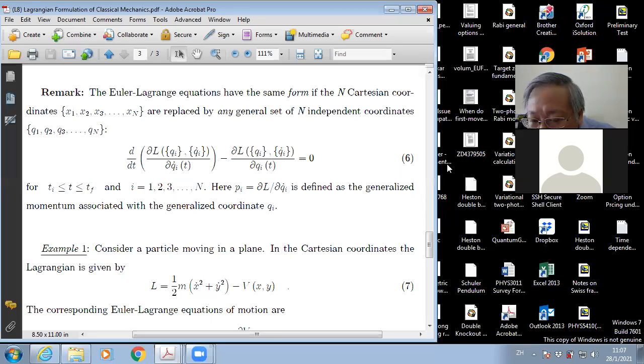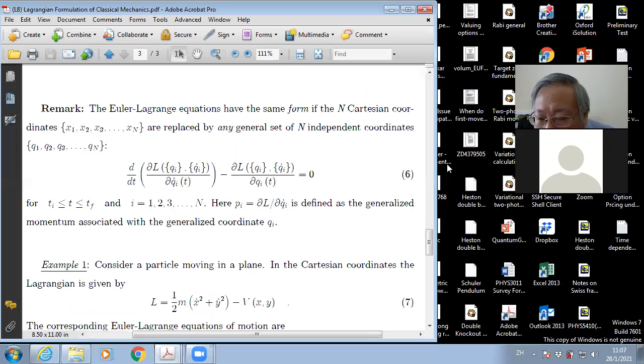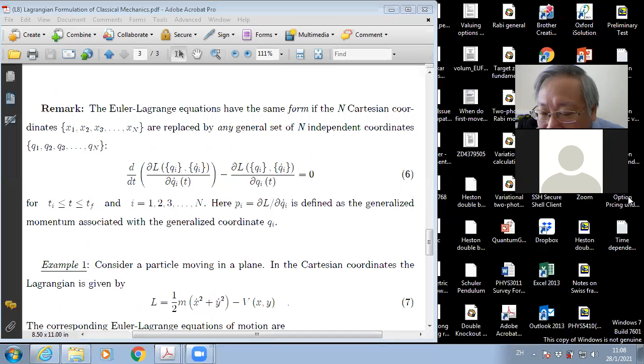Okay, let me see some questions here. Can the expression of kinetic energy used in the Lagrangian function be derived without using Newton's laws? Now, the definition of kinetic energy and potential energy has nothing to do with Newton's second law, right? Newton's second law gives you the equation of motion.